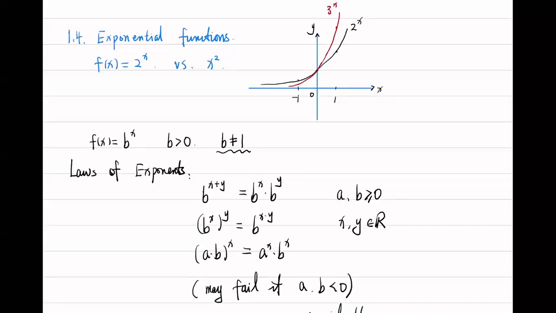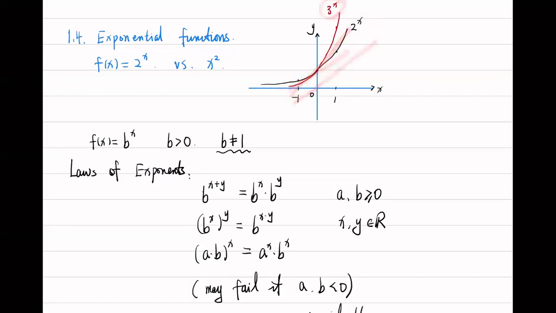Okay, so then we check the tangent line. This one, we compare the slope of the tangent line for 2 to the x. Now we can compare the slope of the tangent line for 3 to the x. We compare it with the diagonal.